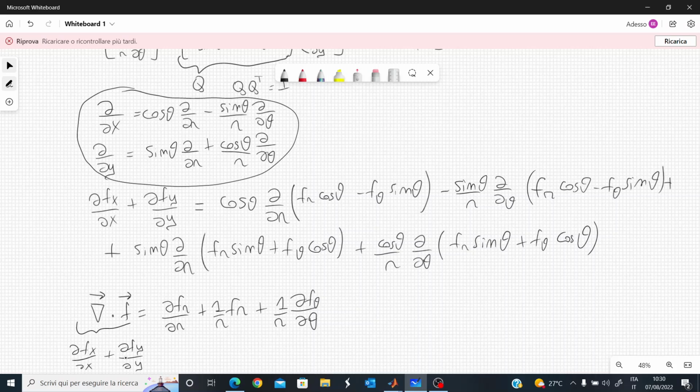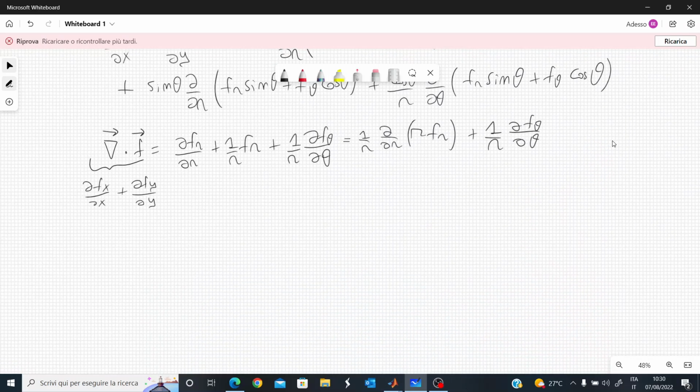And this is just a matter of simple calculations. So you can obtain it very easily from above. And this can also be written in this form because we can put together these two terms. You have 1 over r, and then here you have the derivative with respect to r of r fr, plus 1 over r df theta over d theta.